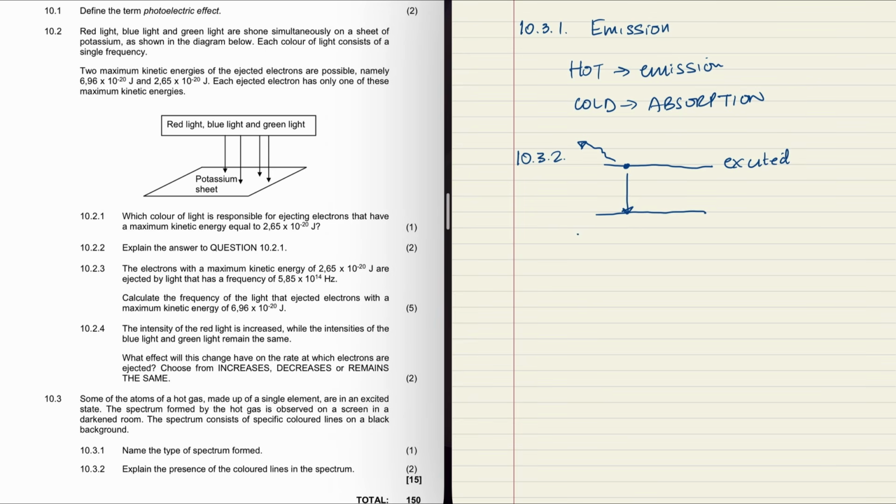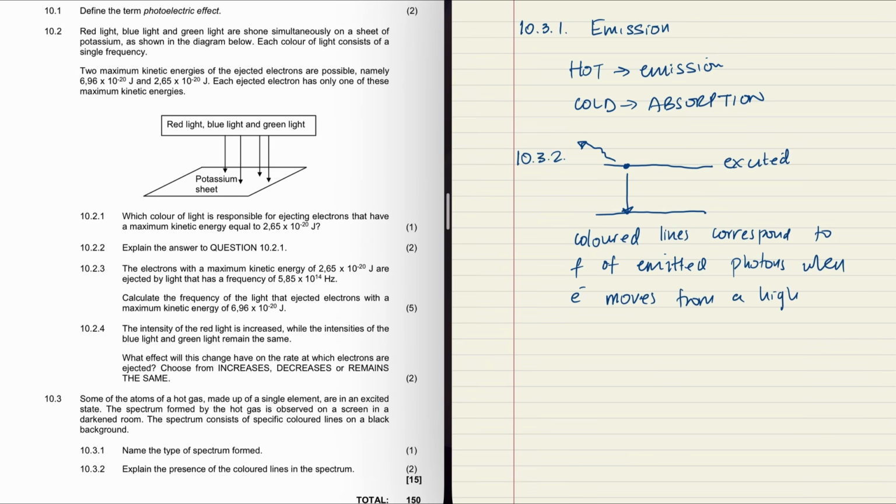So let me just write it here. The colored lines correspond to the frequency of the emitted photons when an electron moves from a high energy state to a low energy state.